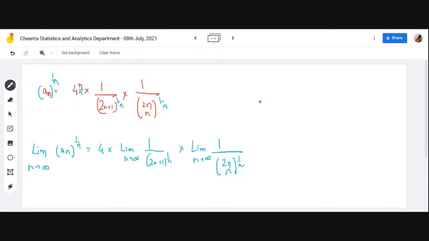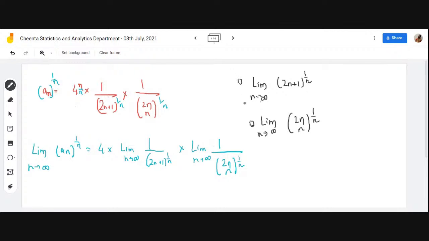So we have to individually find out these limits. Four is a constant, so we have to individually find limit n tends to infinity of (2n plus 1) to the power 1 by n, and limit n tends to infinity of (2n choose n) to the power 1 by n.